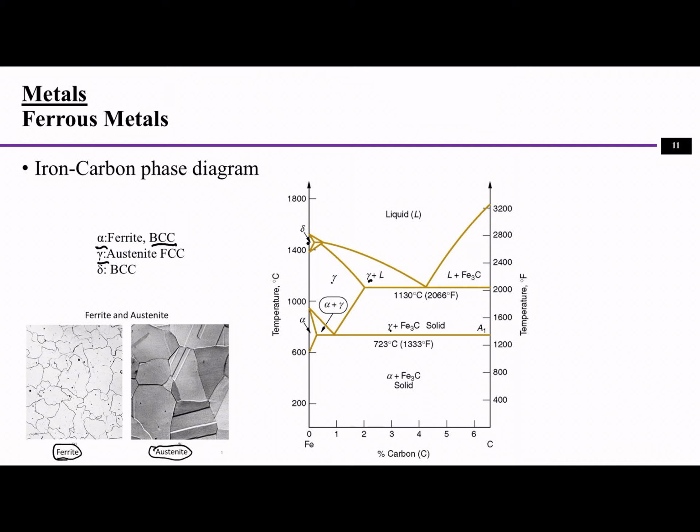So what happens here is when the carbon in the iron is at a certain percent, you can use this diagram to see what kind of phase this material is in at a certain temperature.